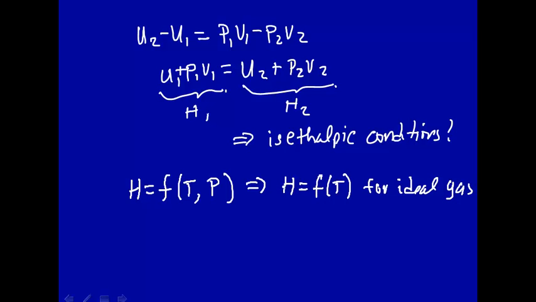And that means that if you have a change in pressure, there'll be no change in enthalpy. However, this now is for real gases. We're considering real gases, so we don't have to consider the fact that it's only a function of temperature. We should consider it's a function of pressure also.